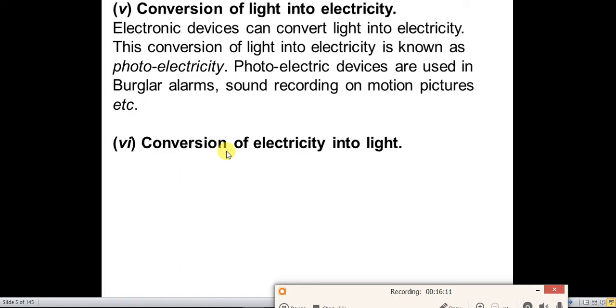Then we used tube lights, and then again we used CFL bulbs, and now we are using LED bulbs. So this is the most important application, that we can convert electricity into light.